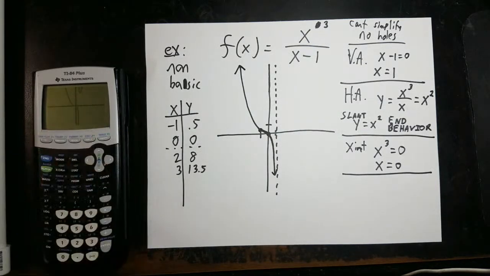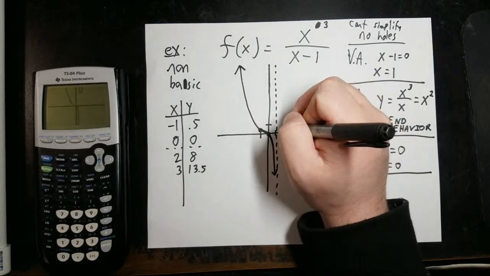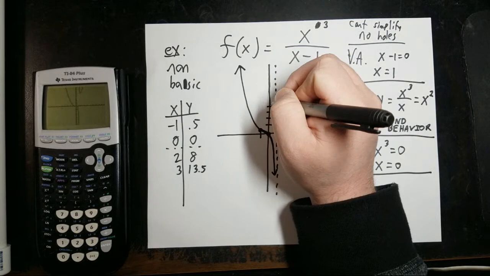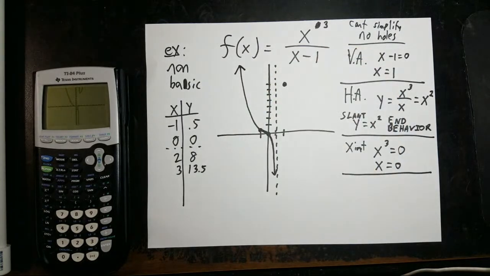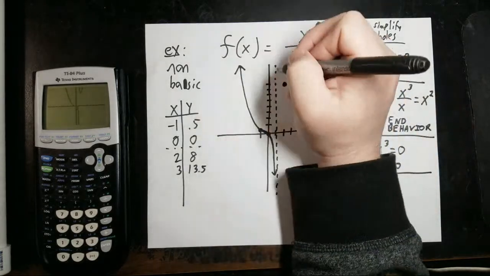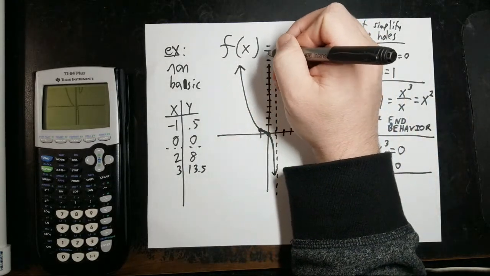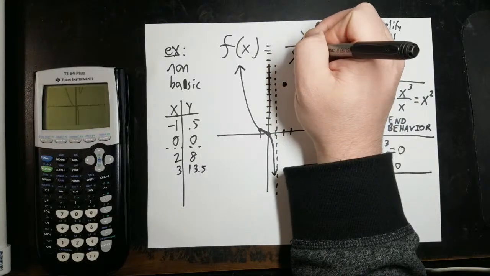I know what this looks like based on what the calculator was able to show me. 2, 3, 4, 5, 6, 7, 8. There's 2, 8. 9, 10, 11, 12, 13 and a half.